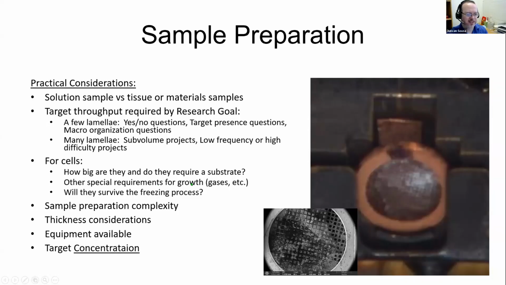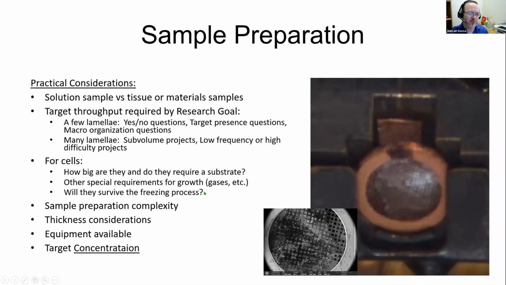Special requirements like gases or just shock stability will be important. If it's a tissue, let's say you want to look at, say, mouse muscle or something like this, is it going to survive both the freezing process and the pre-processing process?